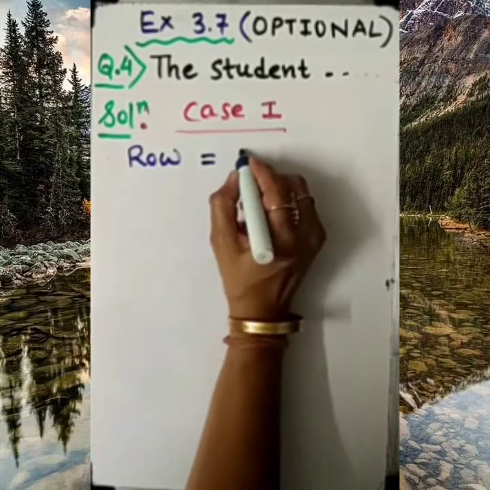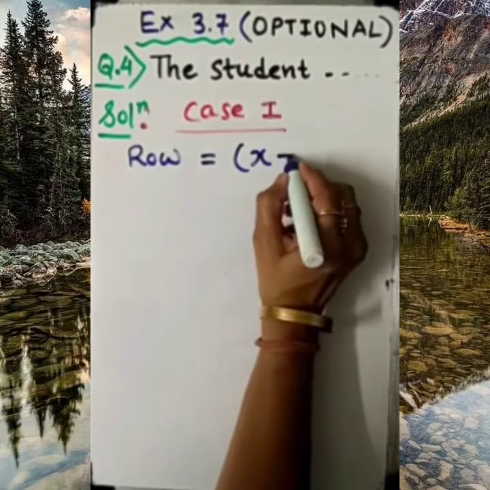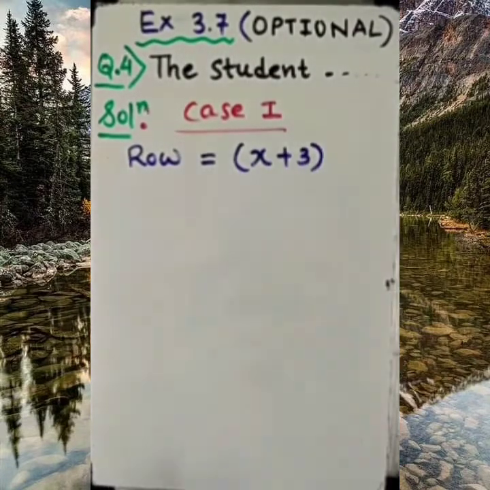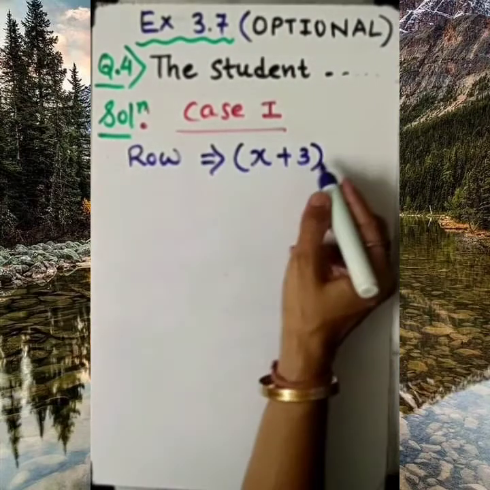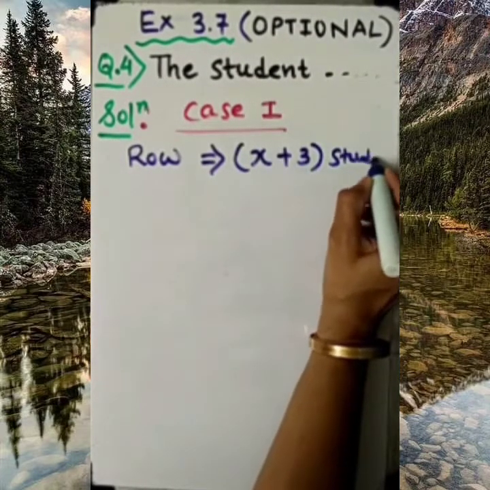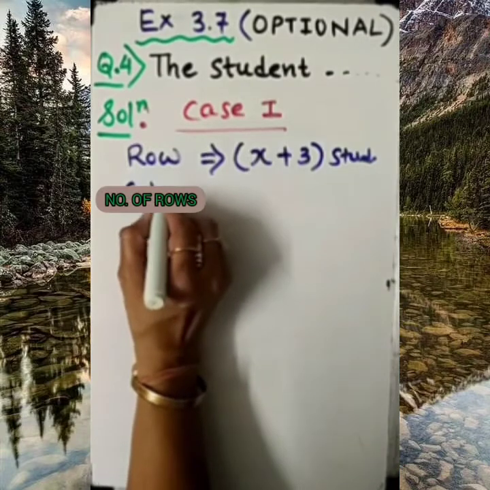How can we calculate? Number x already there, 3 we are adding. So it will become x plus 3 students in a row. Clear to you?